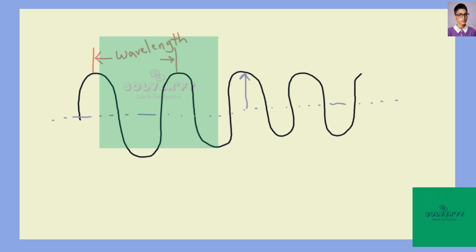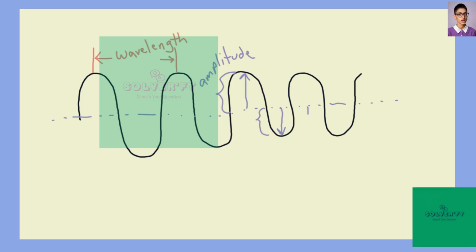It would be the same distance from the middle of the wave down to the bottom of the wave, which is called a trough. Again, it is measured from the midpoint, not from the bottom to the top, but from the midpoint to the top or the midpoint to the bottom. That is called the amplitude of the wave.